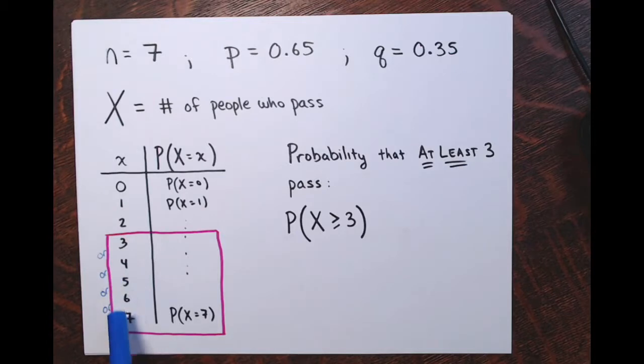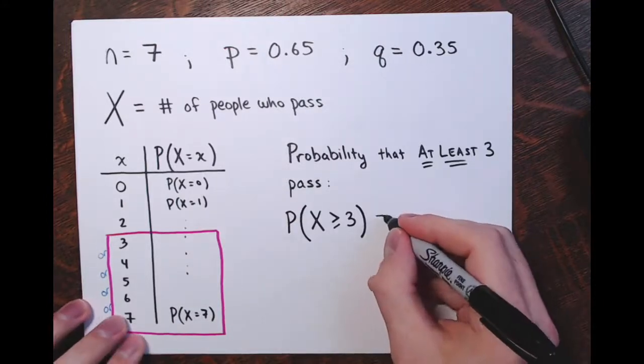And remember, with or probabilities, you're using that addition rule. You're adding probabilities. And these are all mutually exclusive events. These are all disjoint. These cannot happen at the same time. Right? You can't have exactly 3 people succeed and exactly 4 people succeed at the same time, right? So it's just the sum of these probabilities.